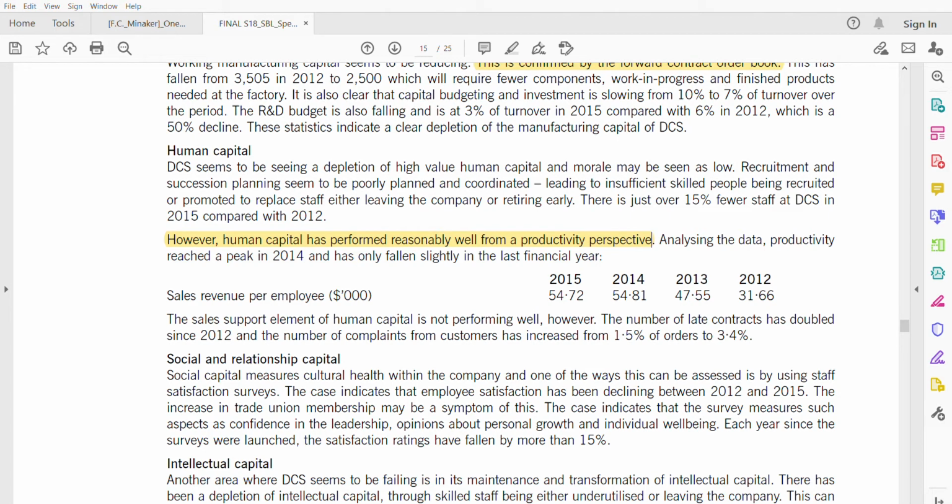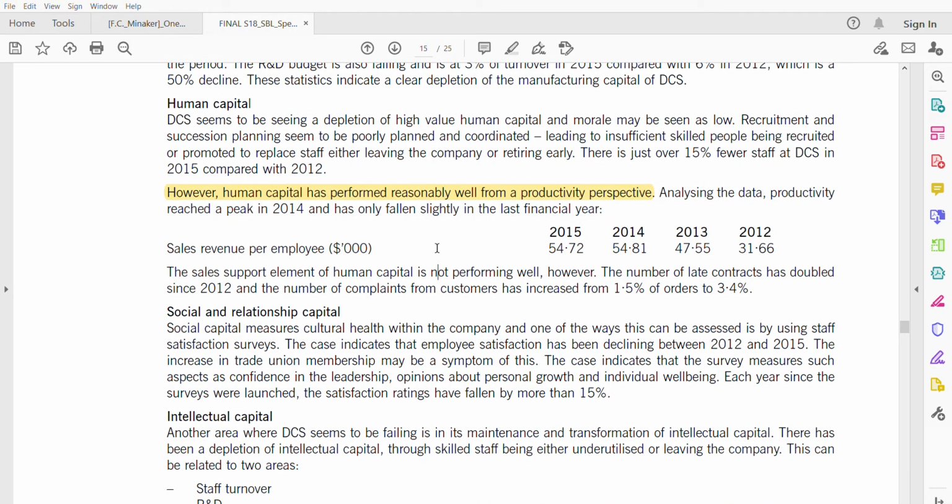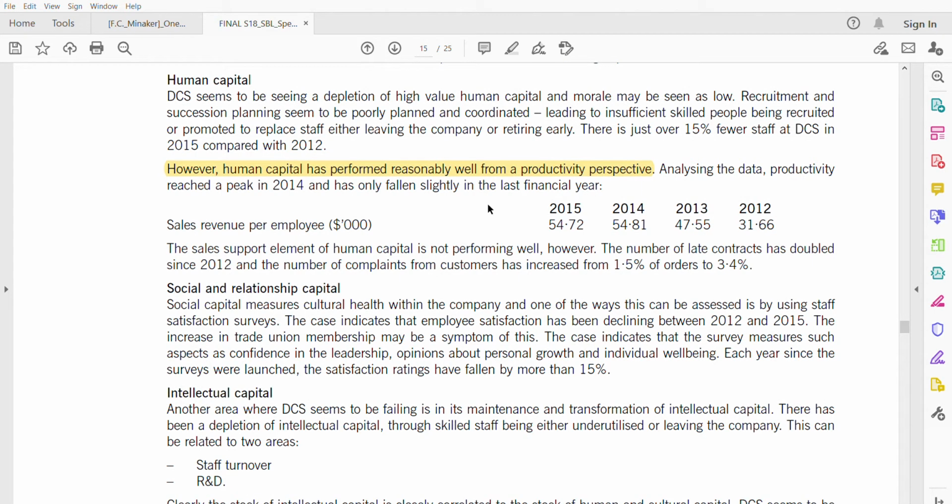They are not just saying it, they have data. Analyzing the data, productivity reached a peak in 2014 and has only fallen slightly in the last financial year. Right? Have they said it increased, it reduced, it increased? No, nothing like that. Your sentences also have to be like this. It has to be developed like this when you write.